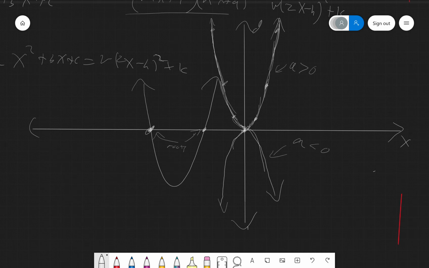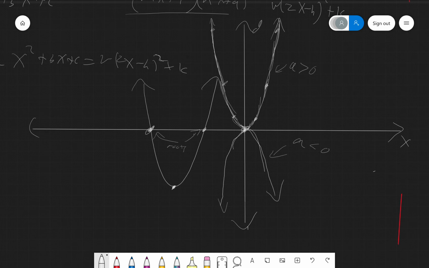So the vertex from vertex form is this tip, and if it's an upward opening parabola, we're finding the minimum, and the minimum is the vertex, where it's going down, and all of a sudden it starts going up.